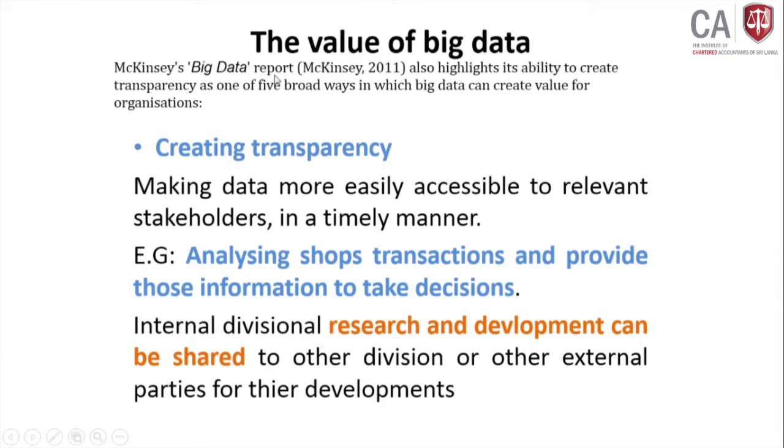McKinsey big data report. He made a big data report in 2011. It also highlights the ability to create transparency as one of 5 broad ways in which big data can create value for organizations. So big data can create value for an organization, and it has the ability to create transparency. And one of the best ways of creating transparency is making data more easily accessible to relevant stakeholders in a timely manner, analyzing shops' transactions and providing that information to take decisions.